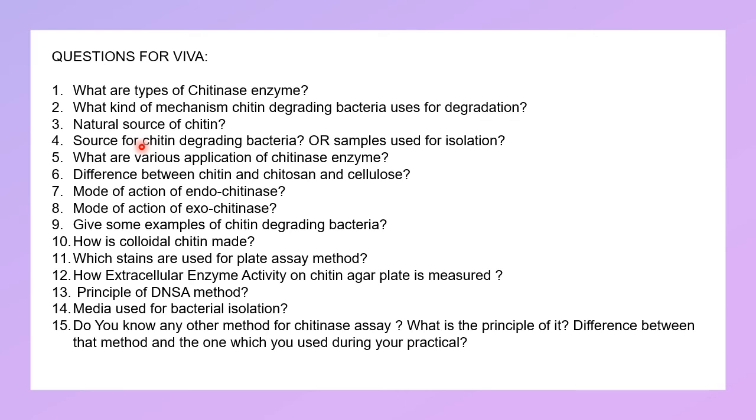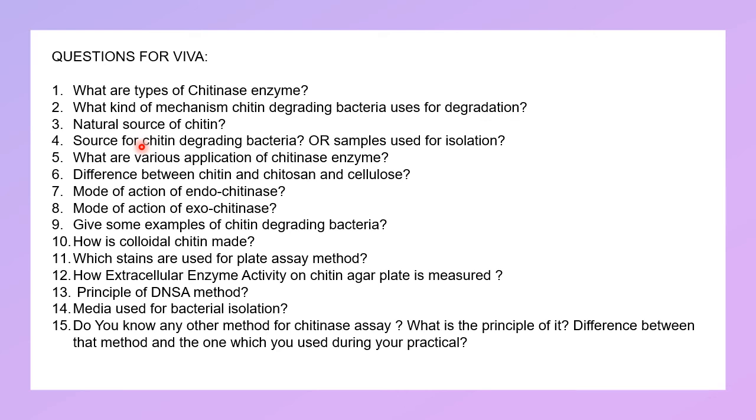Lastly, I think this question is important, because you should know about the different assay methods which are present. Don't just rely on the DNS method. Do you know any other method for chitinase assay? Yes, I had shared 2 methods, the Chito assay and Schales' method. Go on the internet and check out all about these methods, what the principle of each is, and the difference between that method and the one which you use during your practicals.